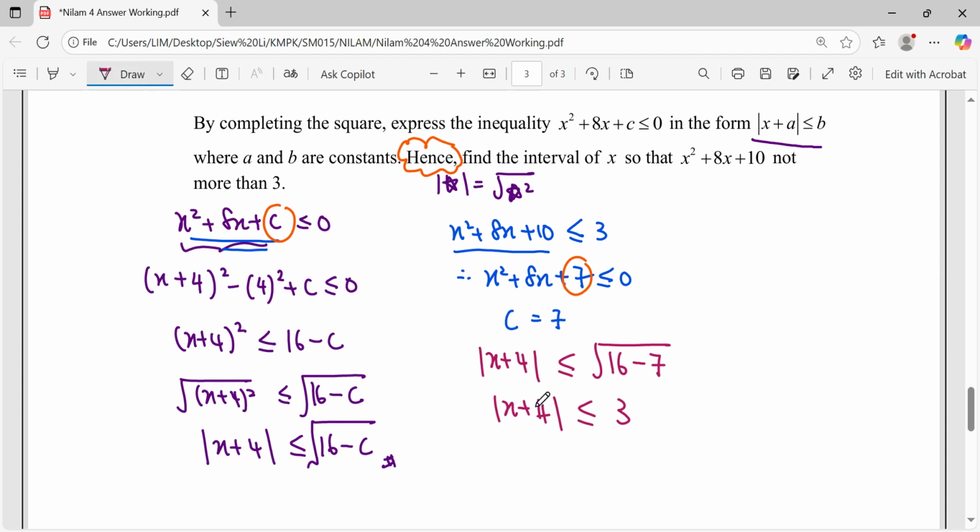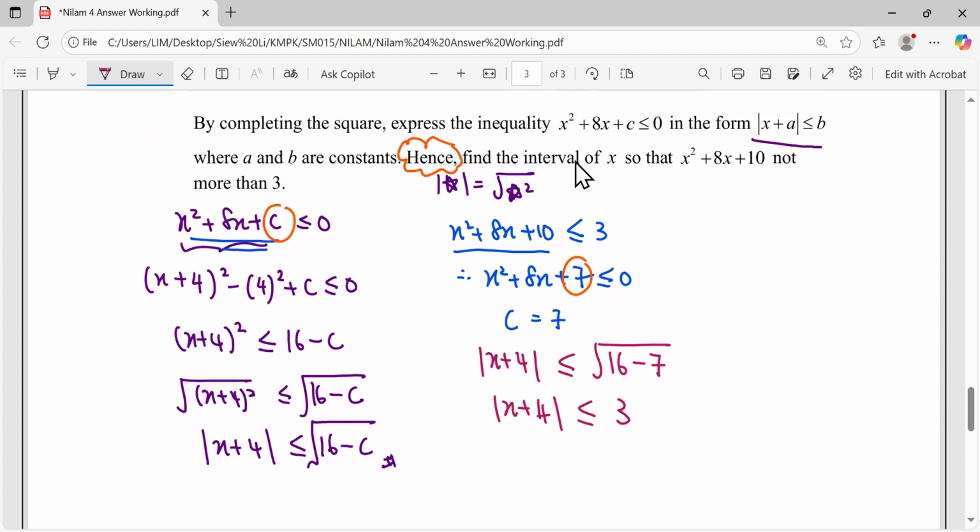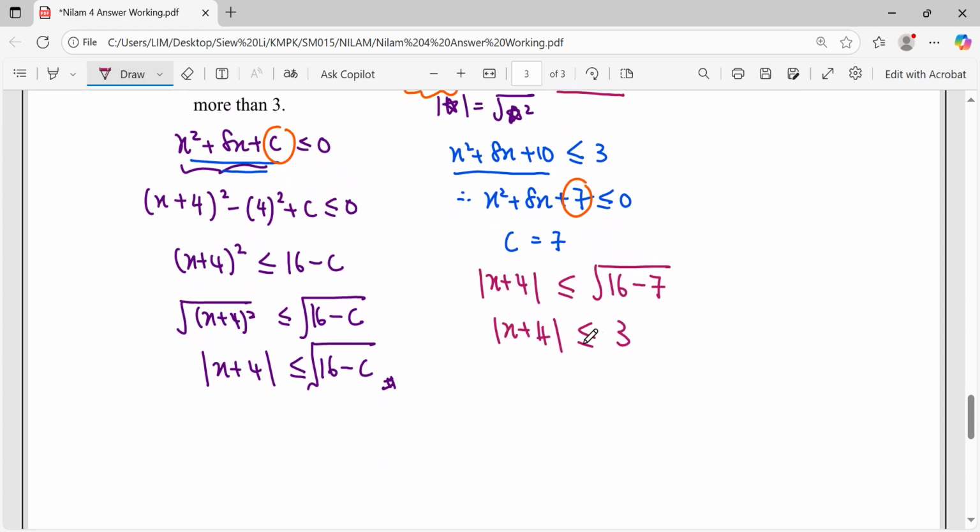Now we have our modulus inequalities. To solve them, we want to find the interval of x. For modulus inequalities, we use the basic definition. Let us revise.